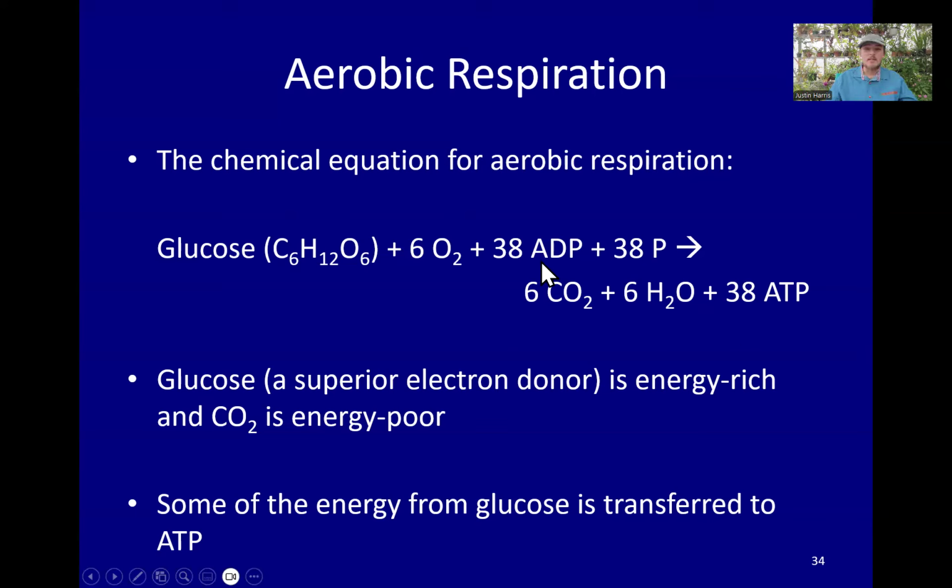And then they go through aerobic respiration, breaking down that glucose, harvesting that energy, and finally making 38 ATP, which is a large number of ATP molecules. This is in an ideal world. And so not always will one glucose molecule make 38 ATP.